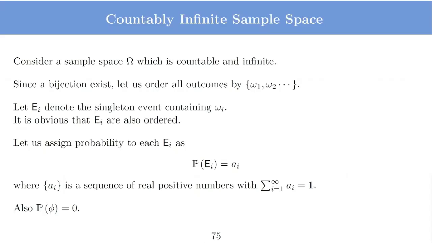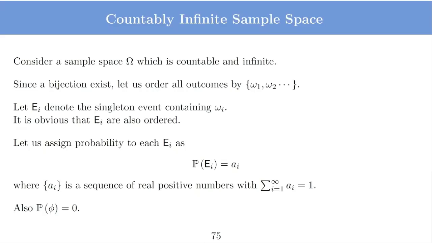So you will be able to order all those outcomes in omega, because omega is countable. You will be able to say which is the first element, the second element, the third element. So from this definition, there will be omega 1, omega 2, omega 3 like this. This order comes because of the countability assumption.